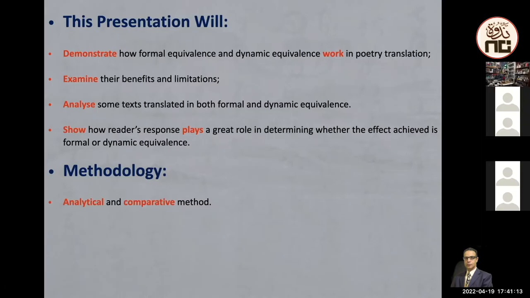The methodology will be analytical and comparative. This is the poem, Jing Ye Si. Of course, it's a very famous poem. You all know it by heart. This is the poem we are going to discuss and analyze today.